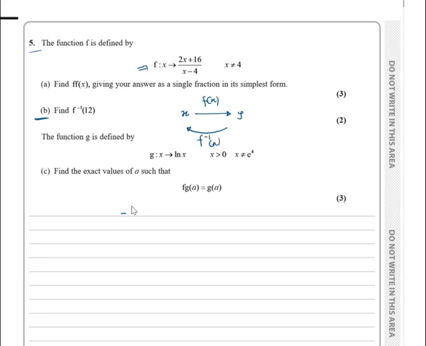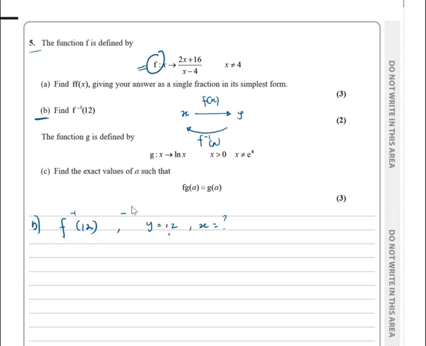That means if they're saying that you're looking for the inverse function of 12, that's part B, what we're saying is that the y value is equal to 12. What was the x value? That's the inverse. So you don't need to get the inverse function of this, but you know that the y value is 12.